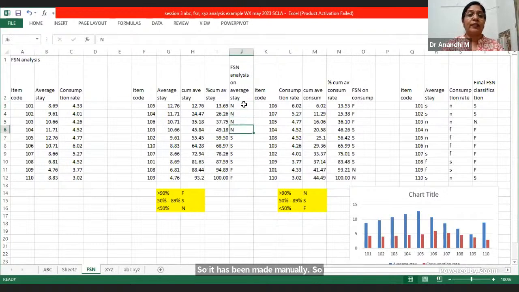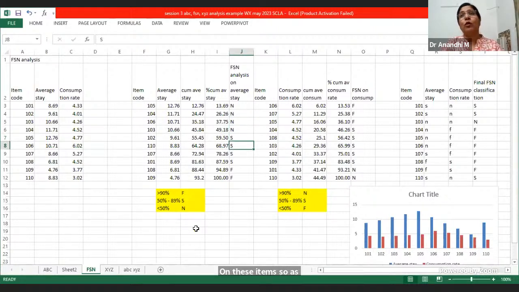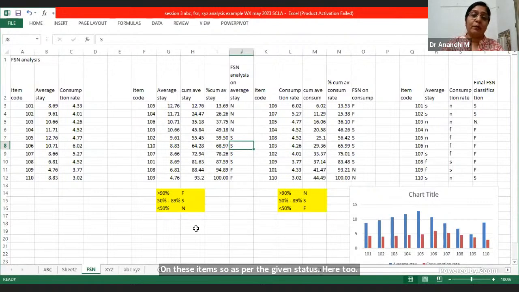These 4 items having item codes 105, 4, 6, and 3 are considered non-moving items, because they contribute lesser than 50 percentage of the average stay of all the overall items. As per the given standards, like what I said for ABC analysis, this percentage you can minimize or maximize.